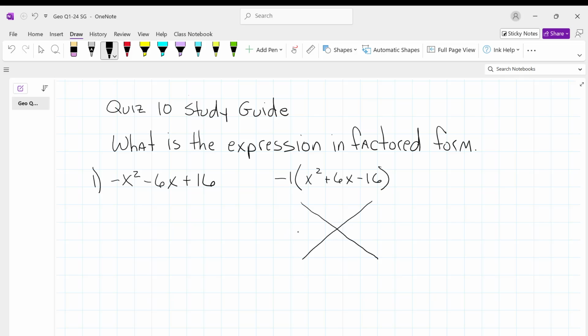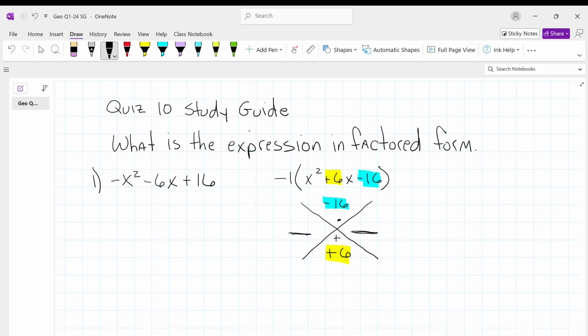We're going to find a factor, multiply it by the other factor, and we're going to get -16. And then we're going to take that same factor and add it to another factor, and we're going to get a +6. Okay? So we take this value and we put it here, and we take this value and we put it here.